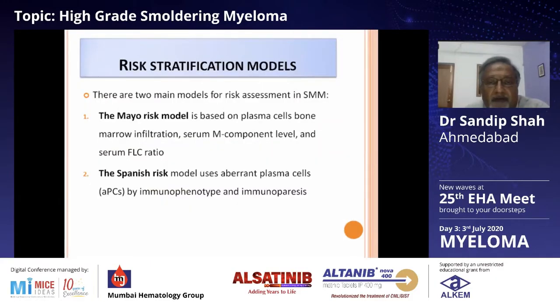So there are a number of risk stratification models, but the two most popular models are the Mayo risk model, which is based on plasma cell bone marrow infiltration, M component level, and serum FLC ratio. And the second one is the PETHEMA risk model, which uses aberrant plasma cells by immunophenotyping and immunoparesis.